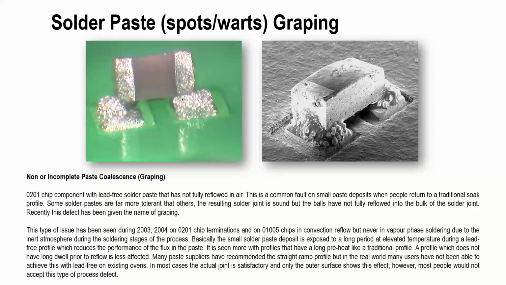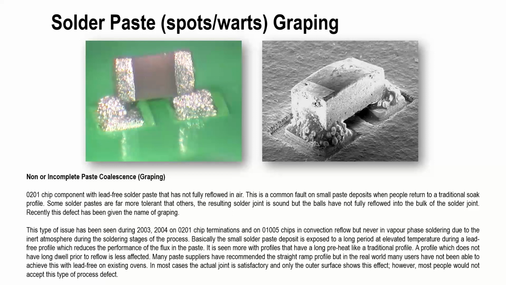It's something that people used to refer to as graping, and there have been a number of other terms related to it. It's basically the paste has worn out, the fluxing medium has been exhausted before the solder joint has actually been made. And the end result is these lots of little balls held together, and they actually sometimes make a perfectly good solder joint, but they just don't look right.